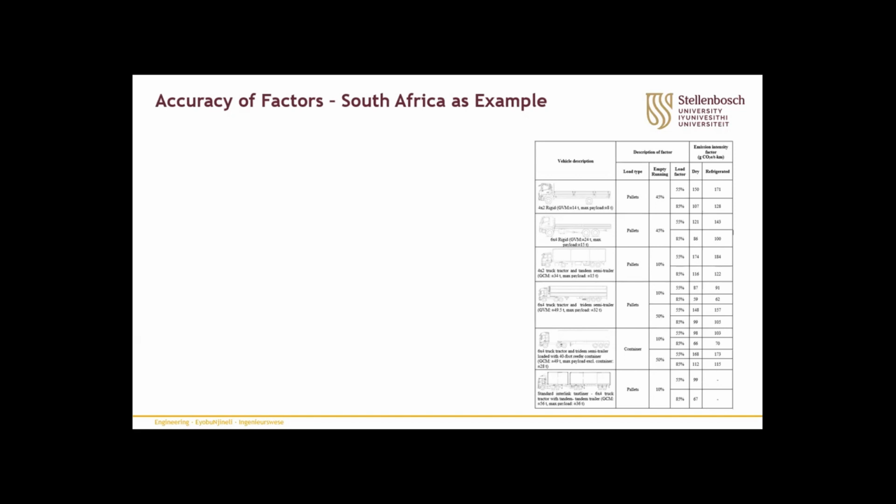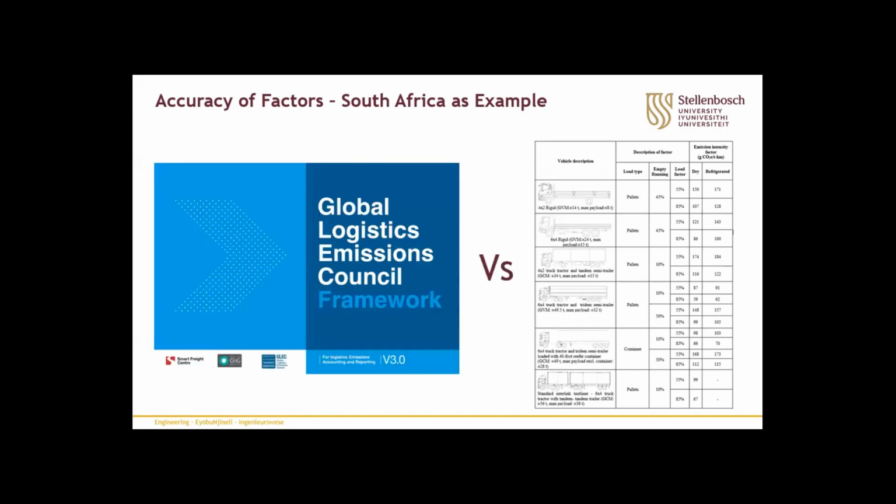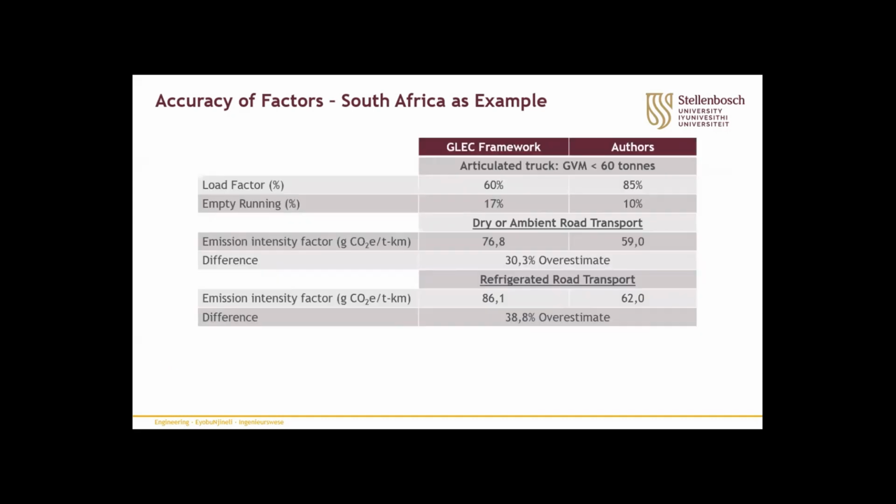We looked at the collected data for these vehicles, calculated the emission factors, went through the whole exercise and came up with a comparison to the default framework for South African circumstances. What we end up with in the two figures we should have highlighted now is this: on dry ambient, the default overstates our emissions by 30%, and on the refrigerated, it overstates it by 38% to 39%.